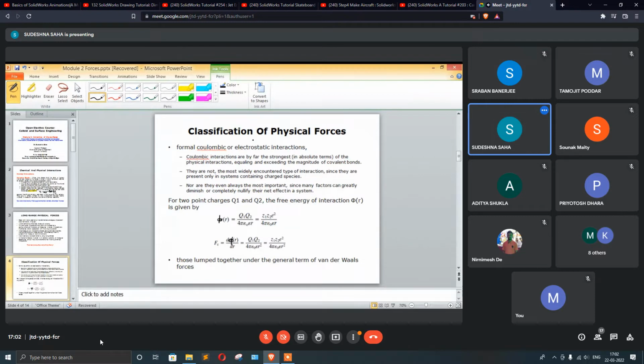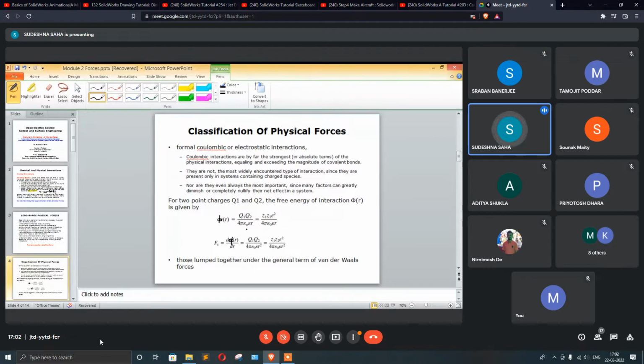So, if we consider two point charges, Q1 and Q2, the free energy of interaction, phi(r), can be given by this equation: Q1 Q2 divided by 4 pi epsilon naught epsilon r, which we can write in terms of Z1 Z2 e squared divided by 4 pi epsilon naught epsilon r.